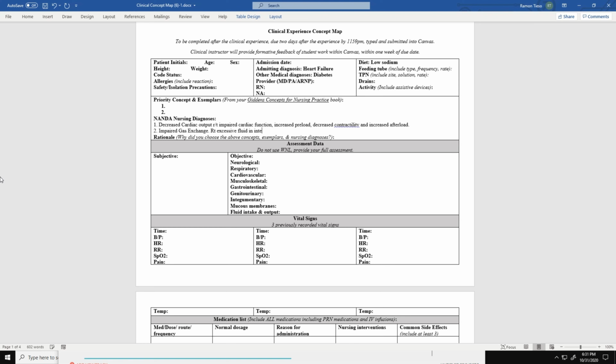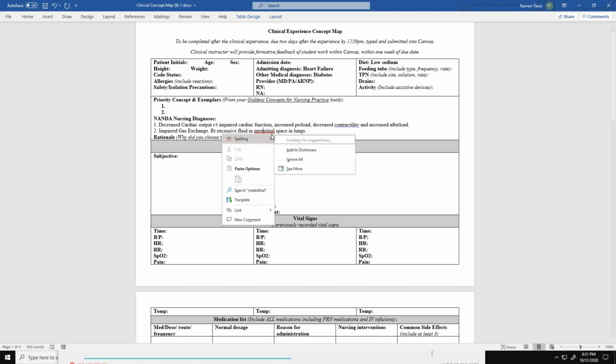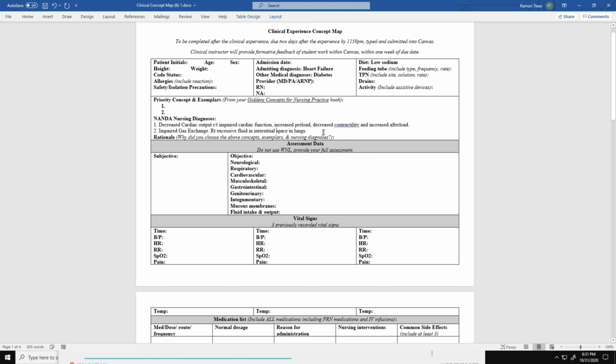Not interspatial, interstitial space in lungs. And that's saying that you've got excess fluid in the interstitial space in the lungs. That's saying the same thing pretty much that we had up here.